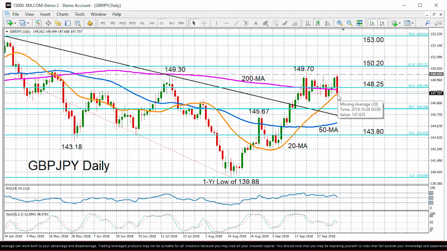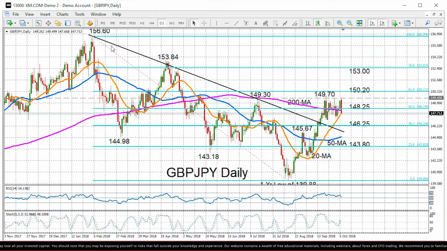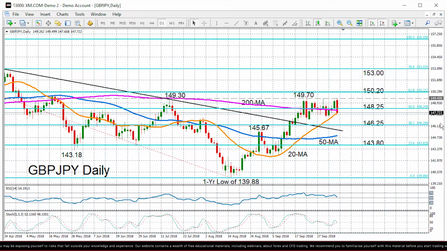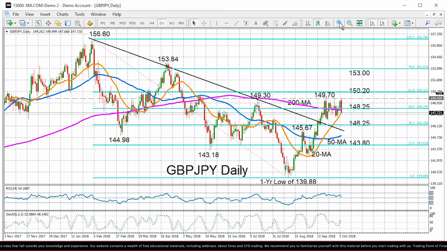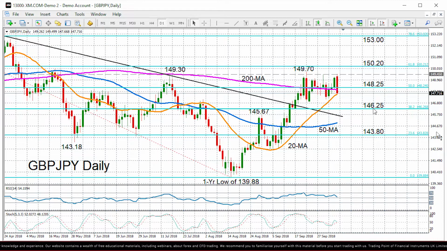147.64. If there was to be a drop below the 20-day moving average, we could then see the next support coming from the 38.2% Fibonacci retracement level of the downleg from 156.60 to 139.88. That's at 146.25.